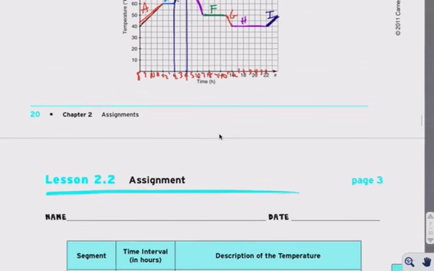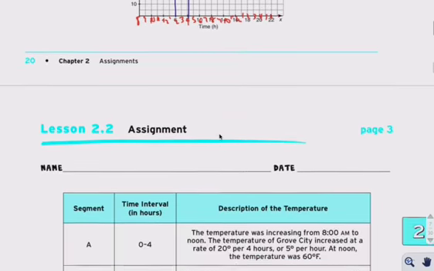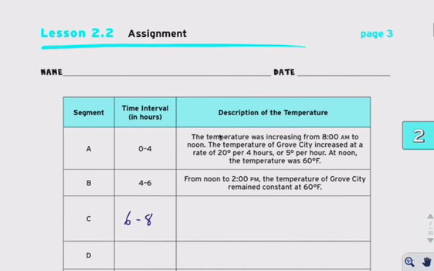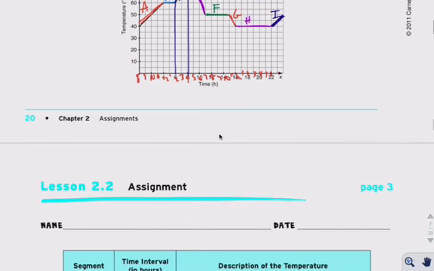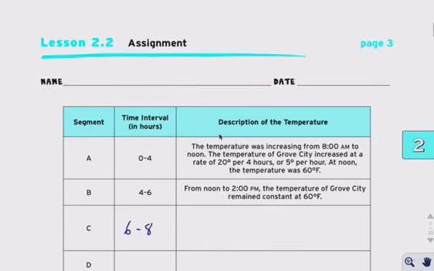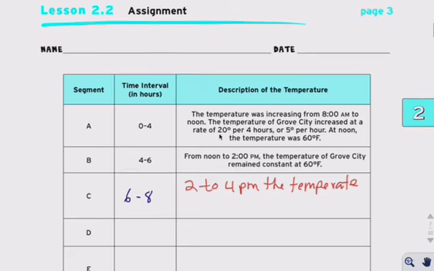I hope I mark it right this time. The time intervals are 0 to 4, 4 to 6, 6 to 8. 6 to 8 is 2 to 4 p.m. From 2 to 4 p.m., the temperature increased by 20 degrees.